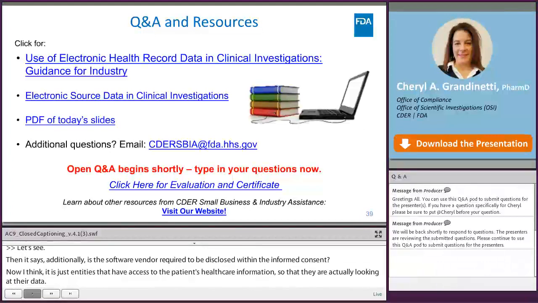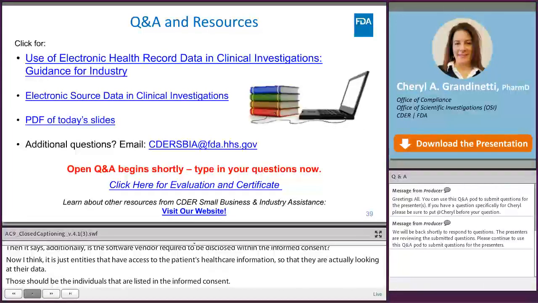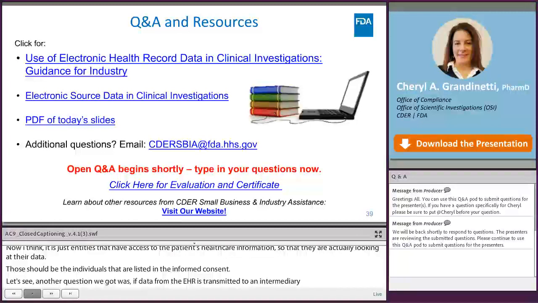Another question we got was, if data from the EHR is transmitted to an intermediary system by the clinical site before being captured in the sponsor's EDC system, do all the recommendations for EHR policies and procedures also apply to the intermediary system? For example, should the intermediary system have an audit trail, use encryption, and apply user authentication and authorization techniques?